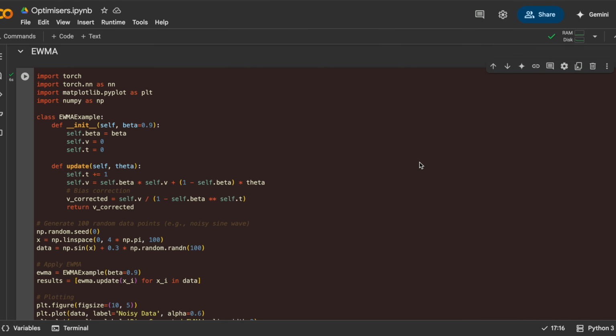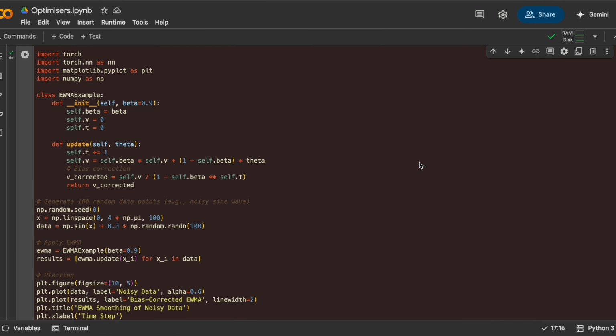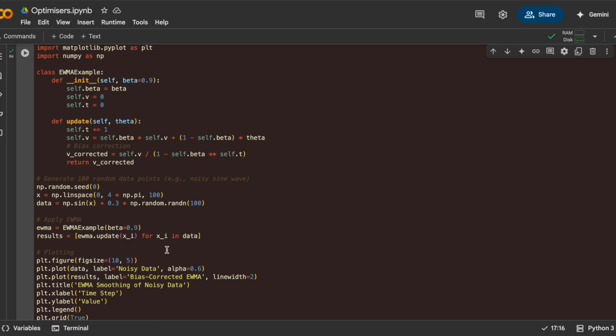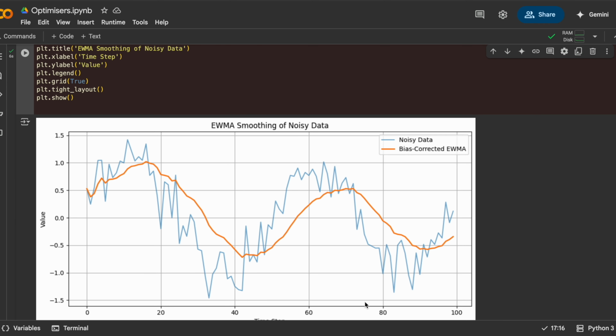If I alter the values of beta, it is already 0.9 here. Basically, if we are standing at this position, it is the approximate average of the last 10 observations, and from any other position it is the approximate average of the last 10 observations from that position.